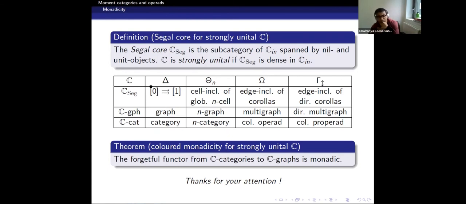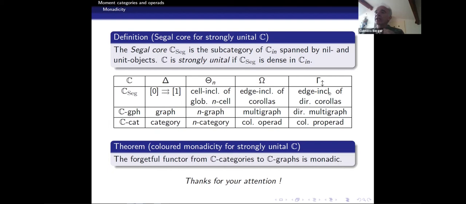It's just a subcategory which is spanned by the ideal objects and the units. And this is very small. You see, for Delta, you have just this. For Theta n, you have actually a globular n-cell. For Omega, you have the edge inclusions into corollas. And for the graphical category, you have edge inclusions into directed corollas.